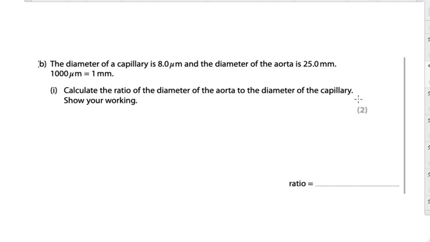Okay, so this is about ratios. So the diameter of a capillary is our capillary, and it's useful to draw wee diagrams. 8 micrometers, and the diameter of an aorta, this is the capillary, and this is the aorta, is 25 millimeters.